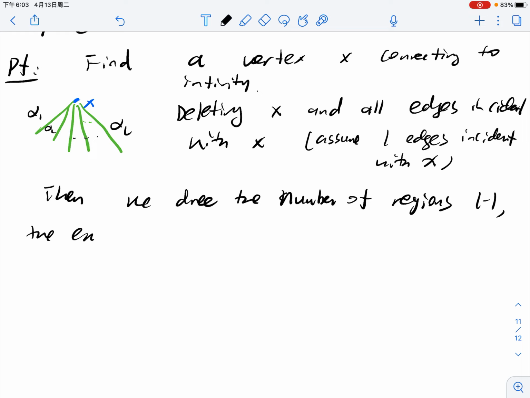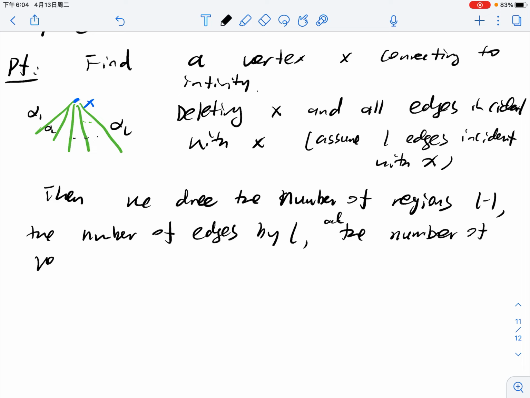The number of edges by L, and the number of vertices by 1.